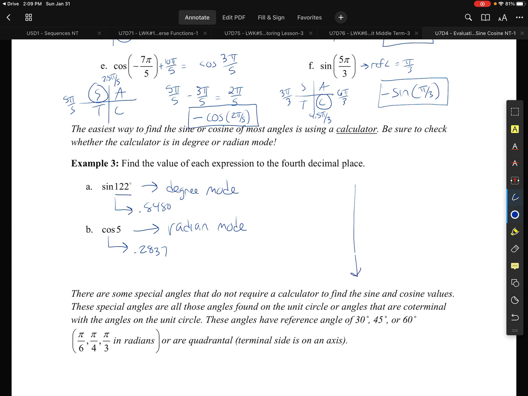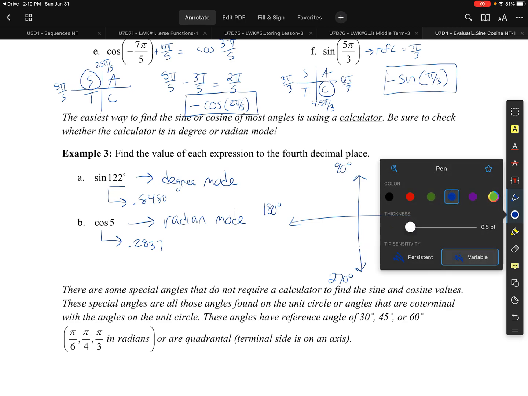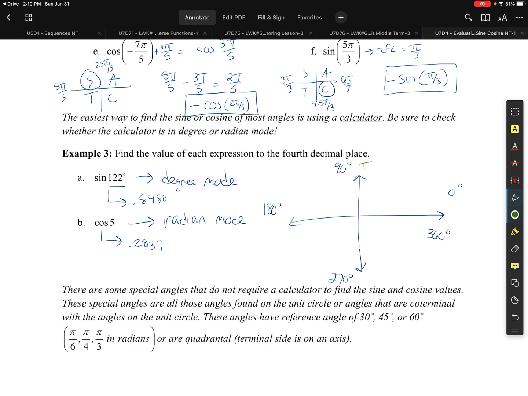And we were talking about before the unit circle. So we got 0, 90 degrees, 180 degrees, 270 degrees, and 360 degrees. If we go in terms of pi over 2, pi, 3 pi over 2, 2 pi.